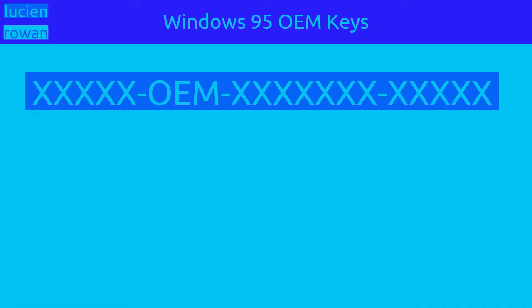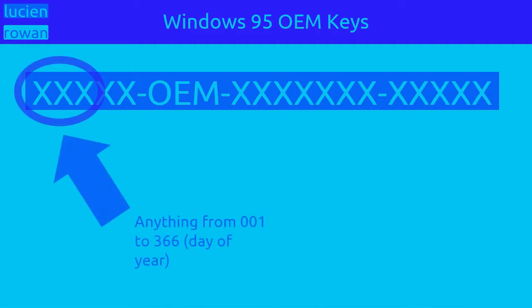Now there are the OEM keys as well, so let's get through them. First of all, we have 5 digits, dash, OEM, dash, 7 digits, dash, 5 digits. The first 3 digits in the key represent the day of the year the key was created by Microsoft. It can be anything from 001 to 366.